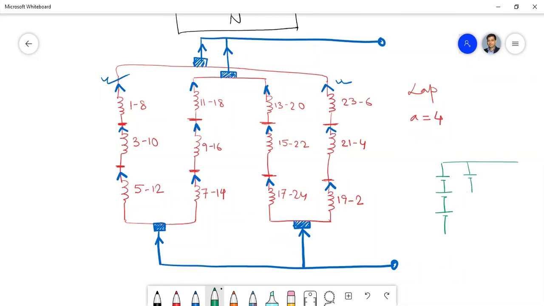Like this. And the current flows through it.